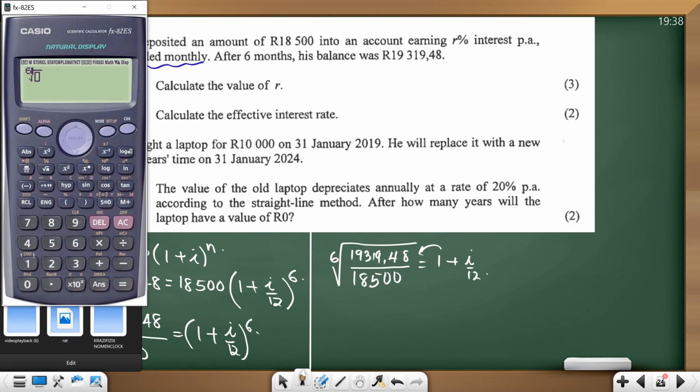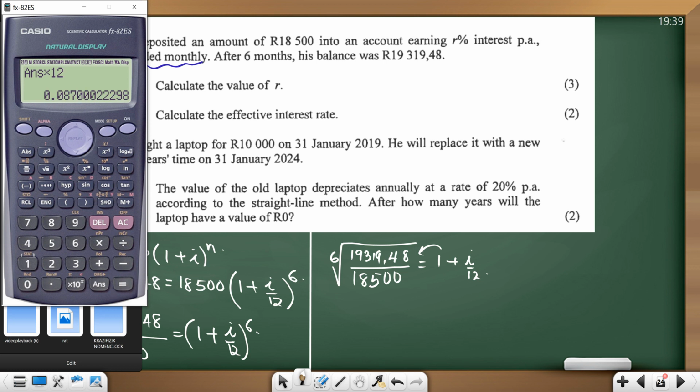The 6th root of 19,319.48 divided by 18,500. We get an answer there. Then what do I do? I bring the 1 over. If I bring the 1 over, it becomes minus 1. That is equal to i over 12. What do we do? Multiply by 12.